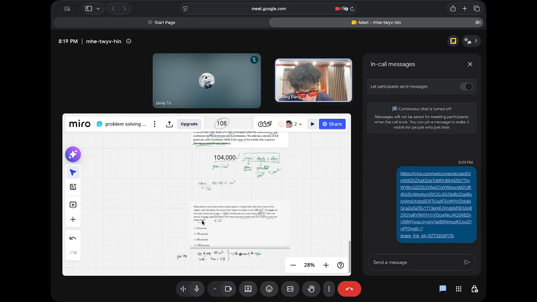So 1 centimeter square equals how many feet square? You have to square it. That's the basic thing. So basically it's 1 centimeter square, it still equals 1, right?